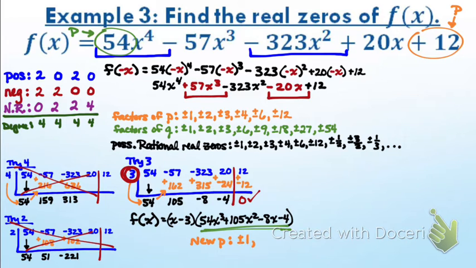I've got plus or minus 1, 2, and 4, right? And my Q didn't change. So I'm not going to write all those down because I already wrote them all down before. So what are some things that we could try?